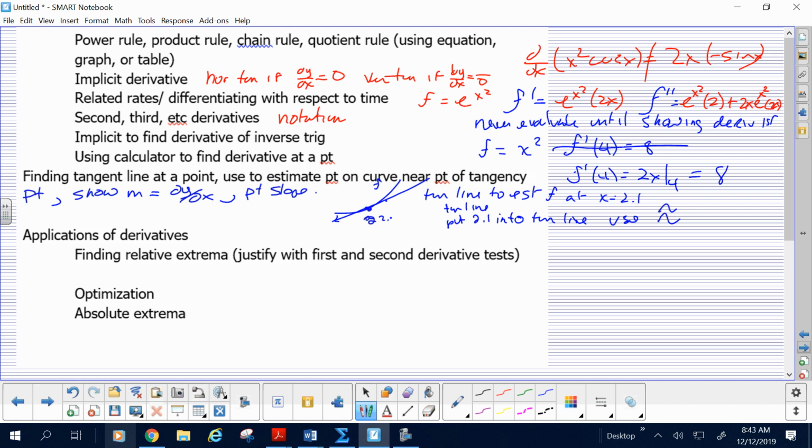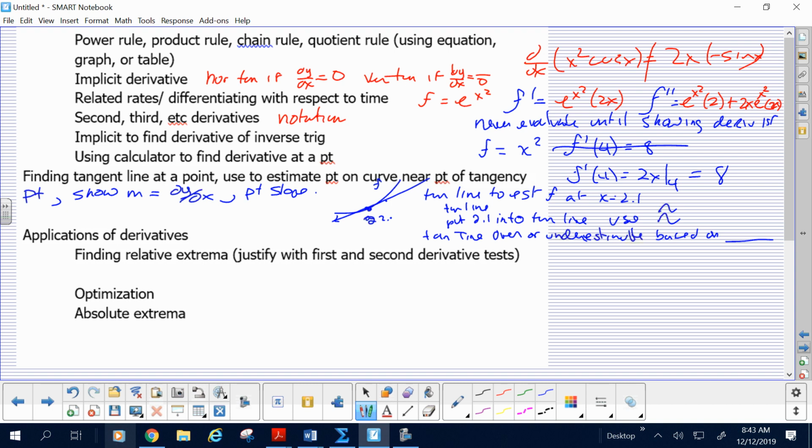We haven't done this a lot, but tangent lines over or underestimate based on blank. Will the tangent line here over or underestimate the true function value? Underestimate, because the tangent line lies under.